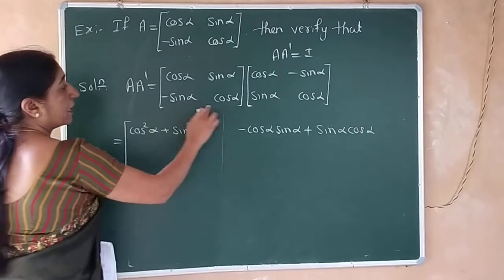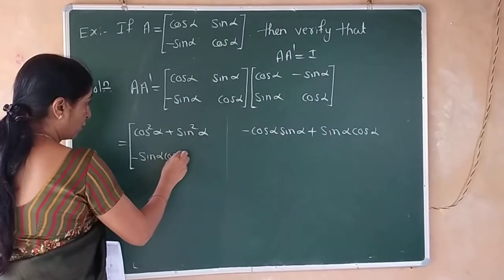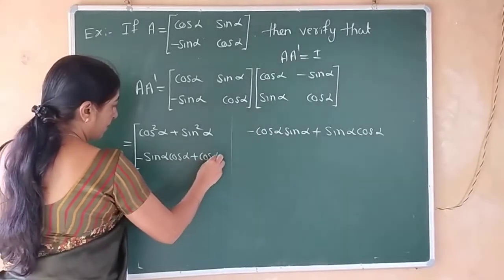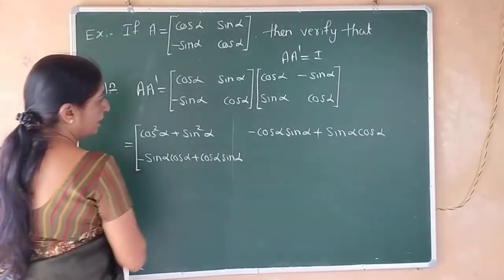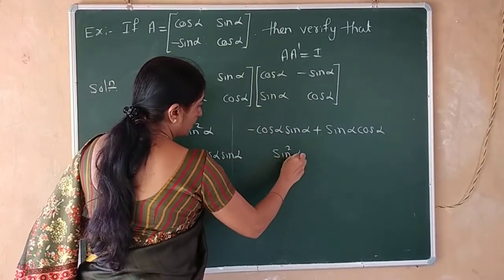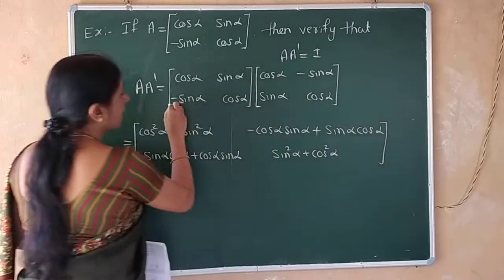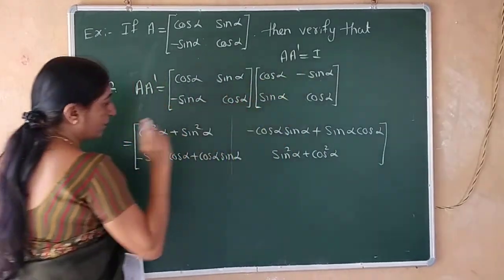Then second row with first column: minus sin alpha into cos alpha plus cos alpha into sin alpha. Then second row with second column: sin square alpha plus cos square alpha, because minus sin alpha into minus sin alpha becomes plus.